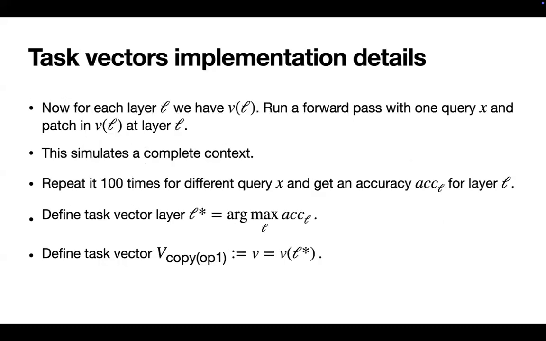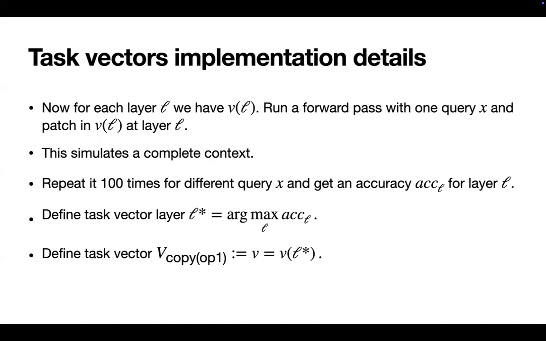Afterwards, for each layer we have a vector, and then we run a forward pass with one query x, and patch the vector v_L at layer L. This simulates a complete context.